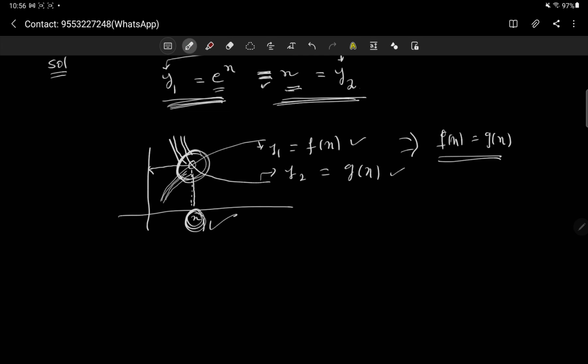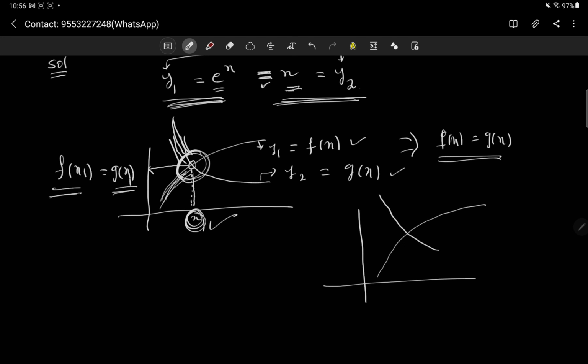At x1, f of x1 is equal to g of x1. These are f of x values and these are g of x values.